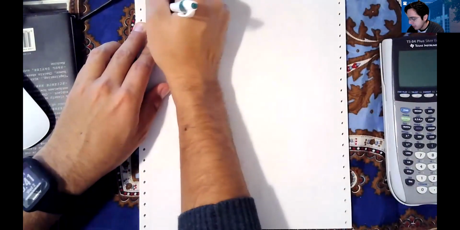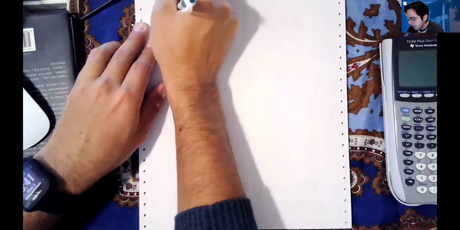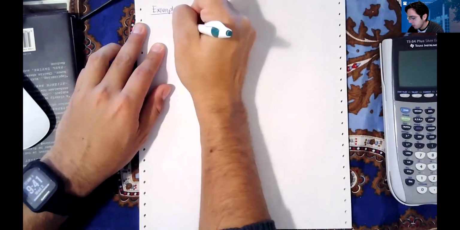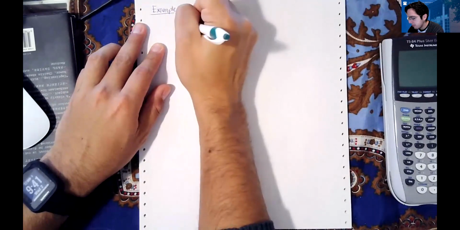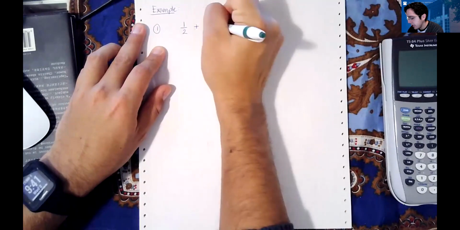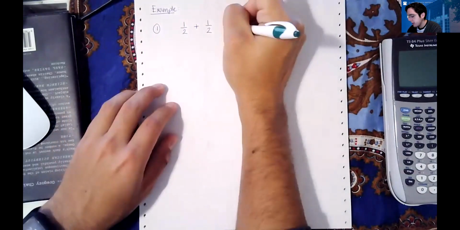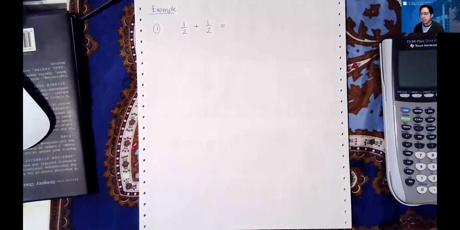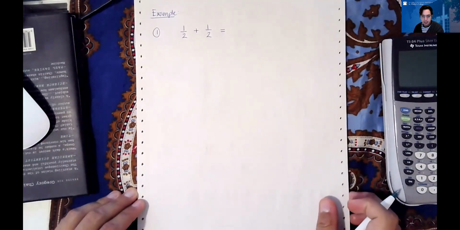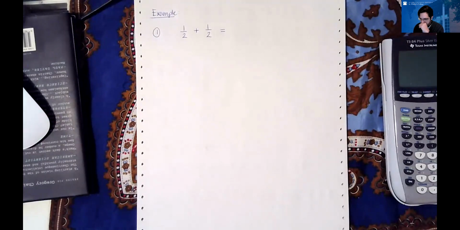Let's look at an example here. If we needed to add, let's say, 1/2 plus 1/2. Can anybody just venture a guess on what they think? When we add these two fractions up, what should we get? 1 whole.